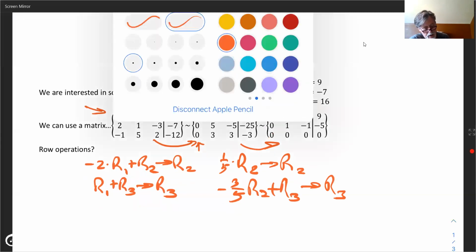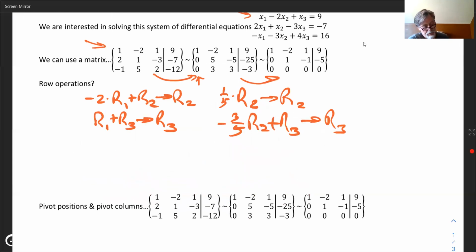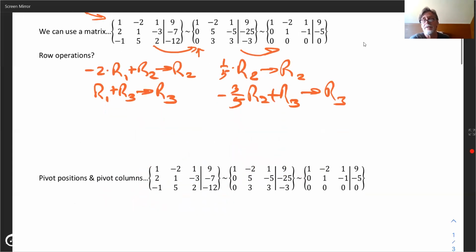Let's talk about something new. Let's talk about what the book calls, and the subject matter calls, pivots and pivot positions and pivot columns. This goes a long way. It's used in all kinds of fields. Let's take a peek. When you are starting out to row reduce this thing, you're going to use this number 1 up here in the upper left-hand corner, and you're going to knock out and make 0 the numbers below it.